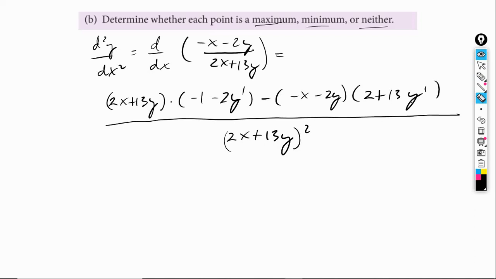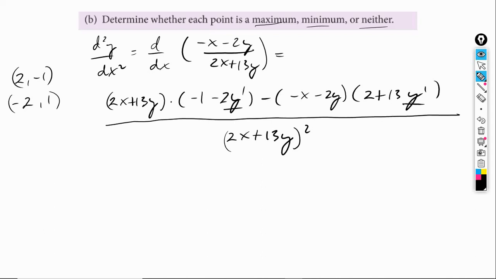All right, so now we have this expression. We don't want to expand it. Instead, we're going to leave it like that, and then we're going to plug in the points. Recall that the points that we found, where the slope is 0, therefore whether you have a maximum or a minimum, were 2 comma negative 1 and negative 2 comma 1. But we can't plug those in yet because we still have this y prime expression.